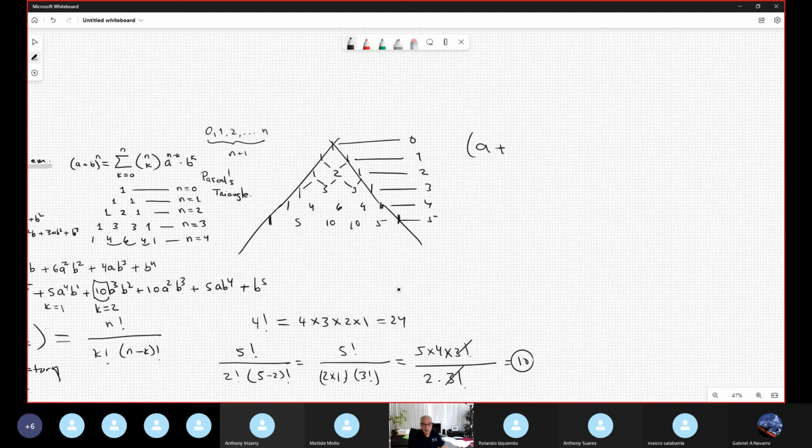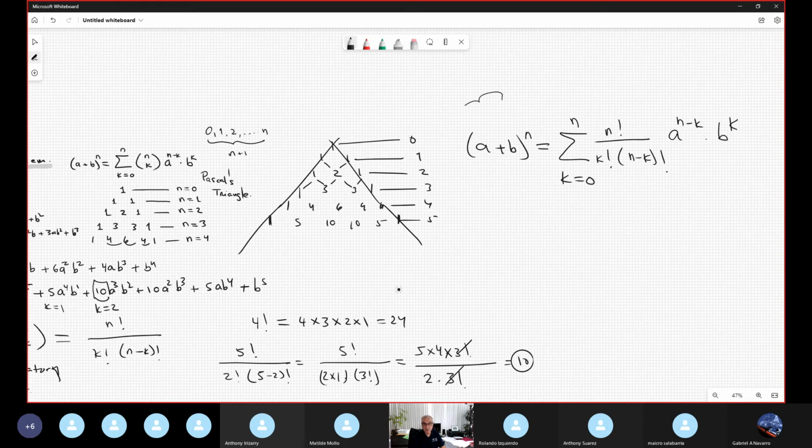A plus B to the n power, because the formula is valid for any power, is the summation from k equals 0 to n of the combinatory number, n factorial divided by k factorial times n minus k factorial, and A, which represents the first expression, raised to the n minus k, multiplied by B to the k.